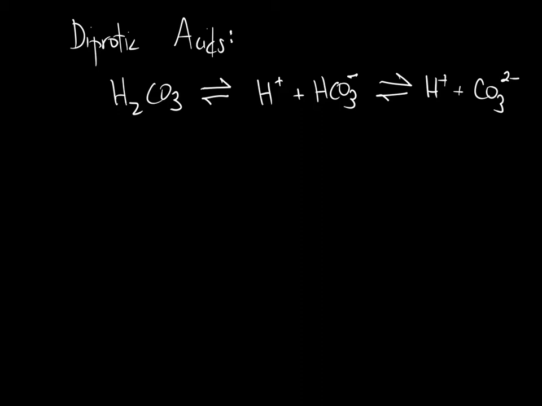So the one in the middle is called bicarbonate, and the one on the end is carbonate. As you can see, bicarbonate can either gain a proton or lose a proton as needed to help keep your body in the right pH. So that's why it's called a buffer.